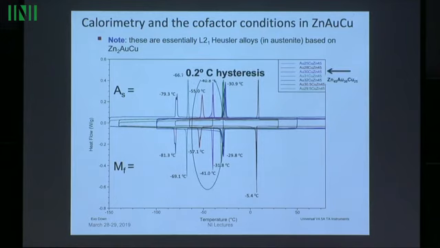But in fact, it's even better than just pure lambda 2 equals 1 materials, because this material, this is the one that most closely satisfies cofactor conditions. That's a measured 0.2 C hysteresis. This is a big first order phase transformation, like 7% transformation strength.